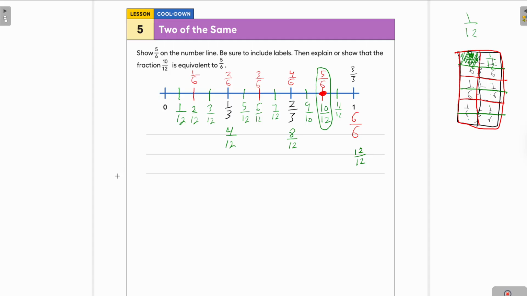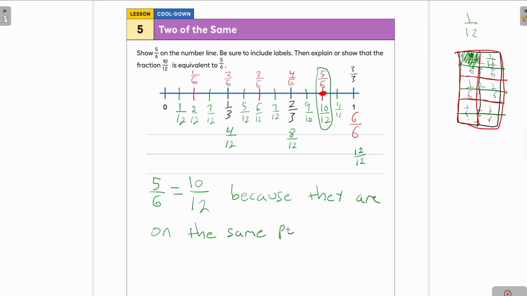Okay, so we can say here that 5/6 is equivalent, equals 10/12, because they are on the same point on the number line.